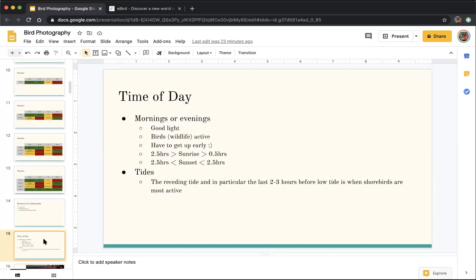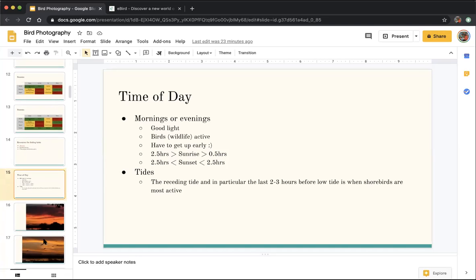And so the last couple of hours before low tide is a good time to go out and see shorebirds. So you can look at the tide tables and do that.